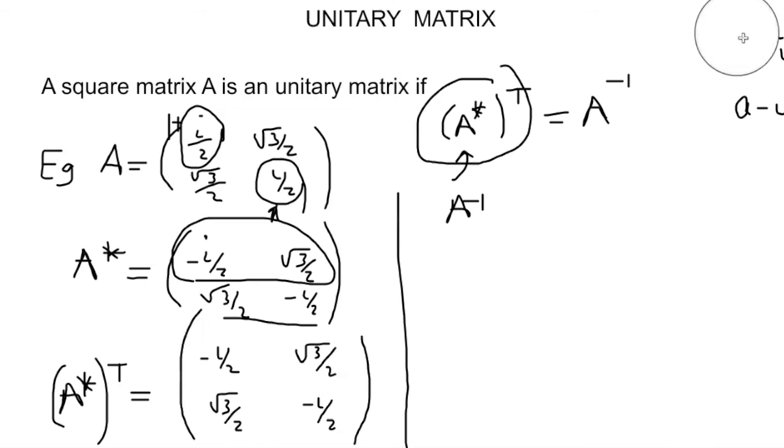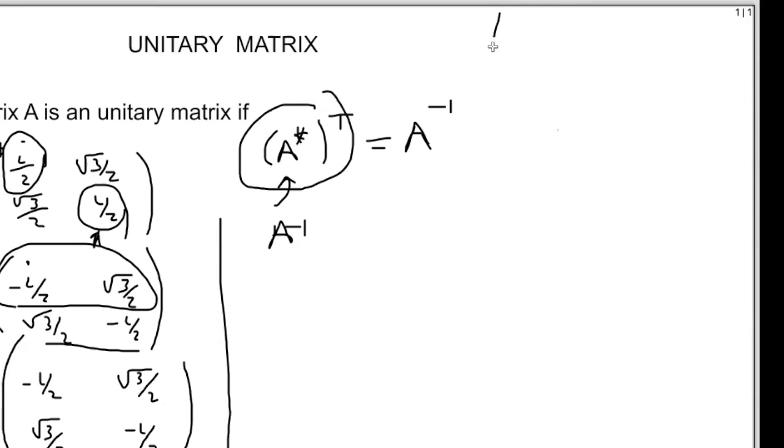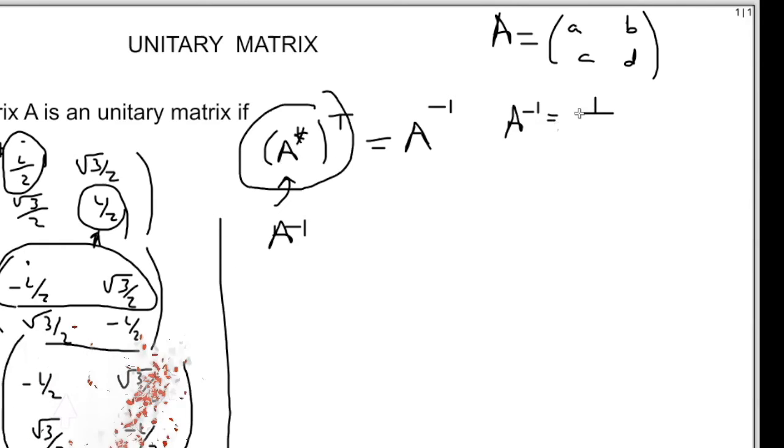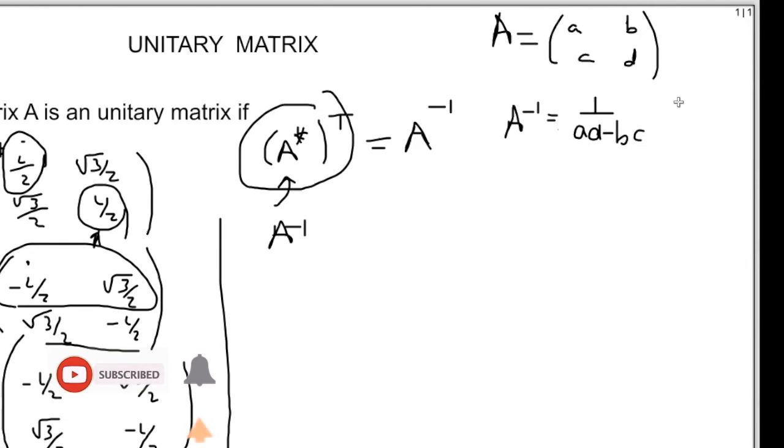Now, let me just remind you how to find the inverse of a matrix. Say we have a matrix A, composed of elements a, b, c, and d. The inverse of this is equal to 1 over the determinant of A. The determinant is found by multiplying a times d minus b times c.